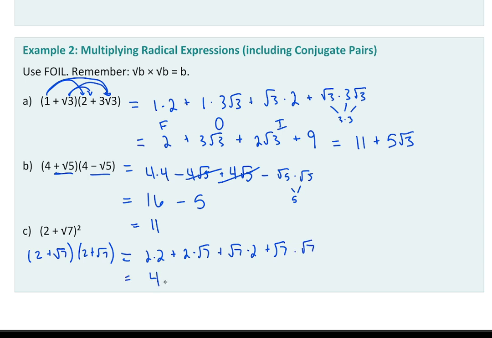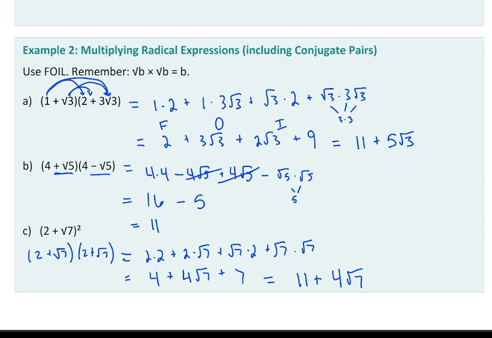That gives us 4 plus. Now I have 2 times root 7 plus 2 times root 7. They're just written in opposite order for multiplication, but that doesn't matter. That gives me 4 root 7 plus, and then root 7 times root 7 is just 7. And this gives me 11 plus 4 root 7.